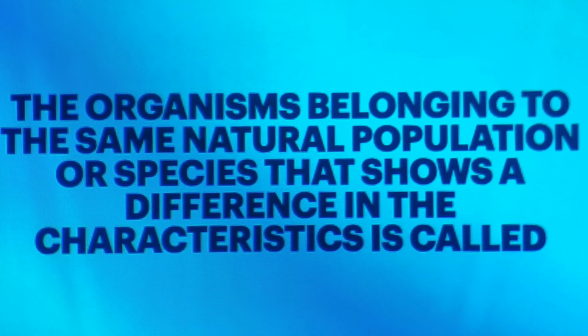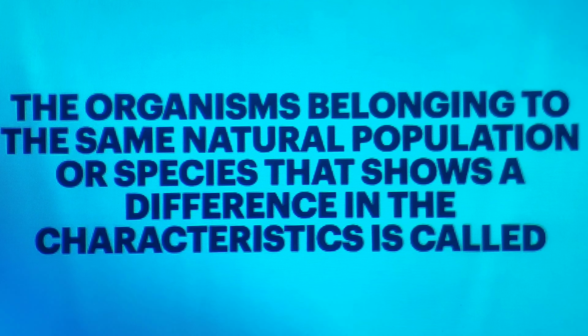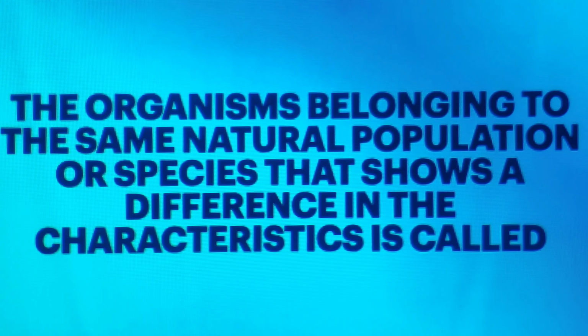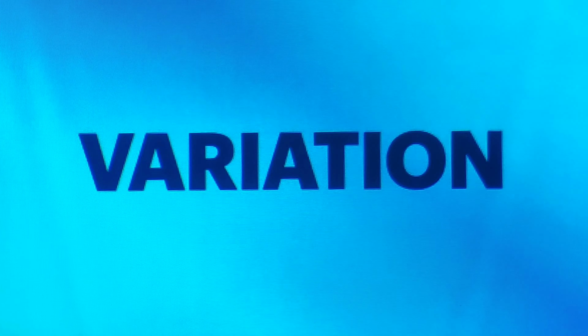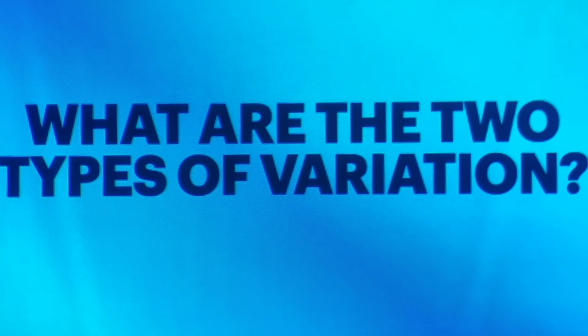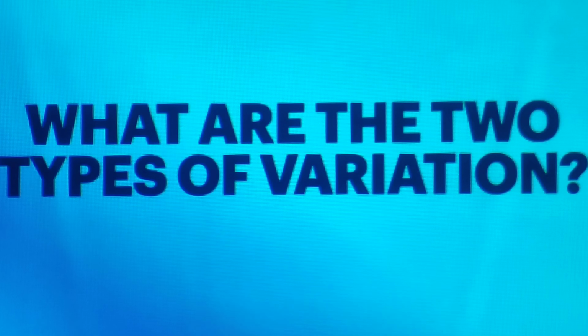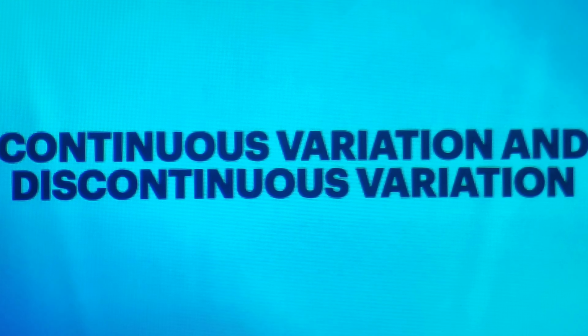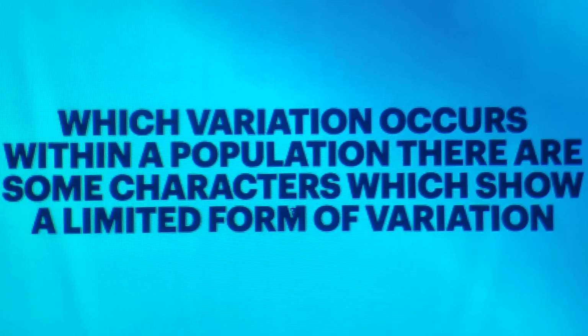The organisms belonging to the same natural population or species that show a difference in the characteristics is called variation. What are the two types of variation? Continuous variation and discontinuous variation.